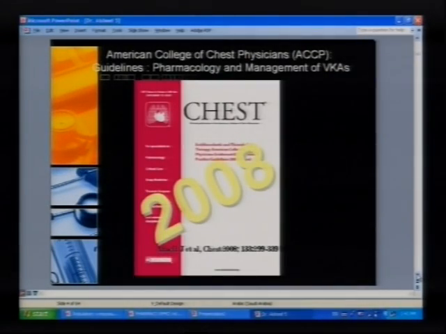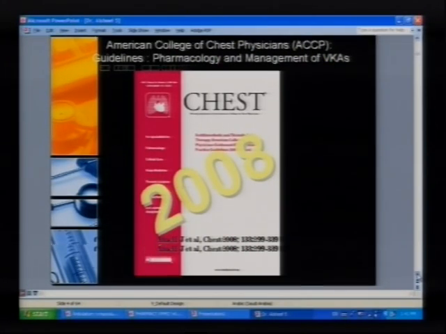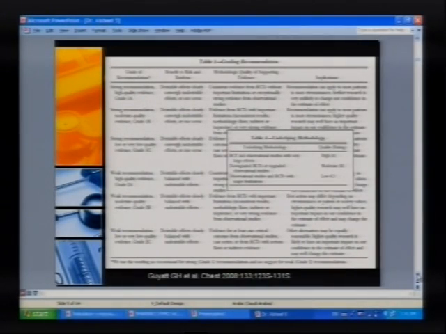It's worth mentioning the grading of recommendations of the antithrombotic and thrombolytic therapy, 8th edition of the ACCP guidelines, because I will use it in my slides many times. This is the common reference for all people interested in thrombosis. It has many chapters, and the most applicable chapter here is the pharmacology and management of vitamin K antagonists, and it will be cited in my presentation many times. Regarding the grading, that's very important.